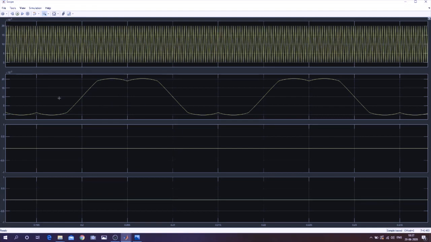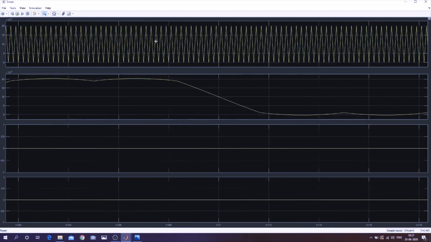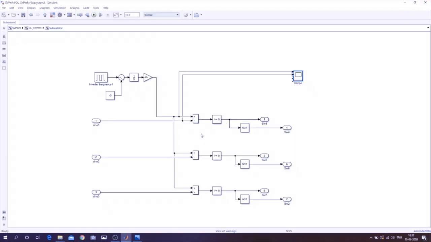Okay, and here also it should be from 0 to 20 millisecond, right? I have taken this triangle of 5 kilohertz, so you also generate a triangle of 5 kilohertz or 10 kilohertz or whatever you like. Okay, now this triangle will be compared with this one, and other things will follow as sine PWM.